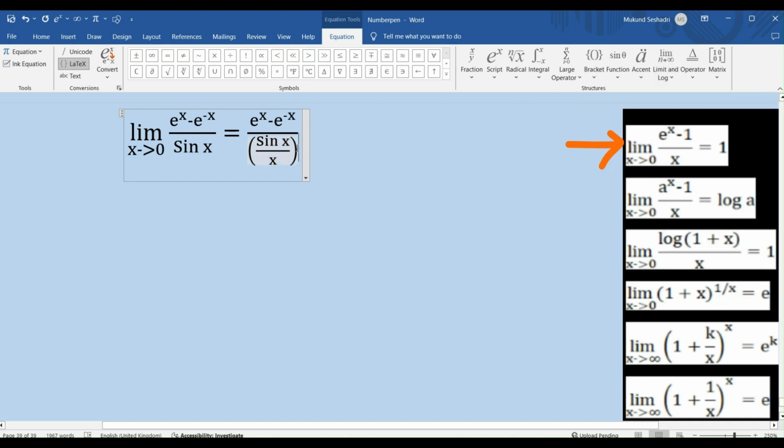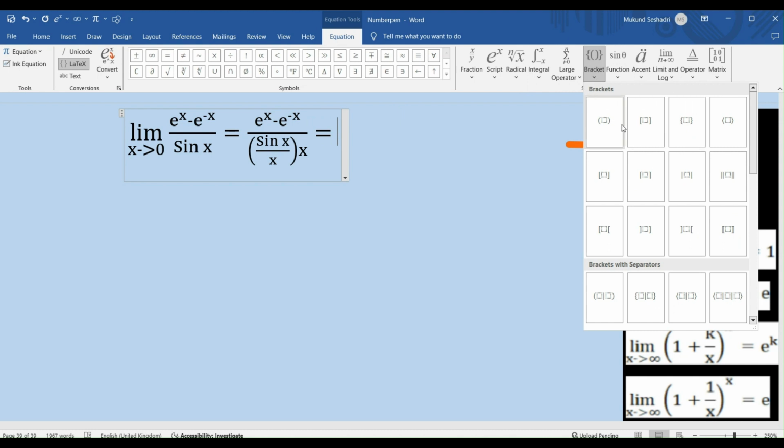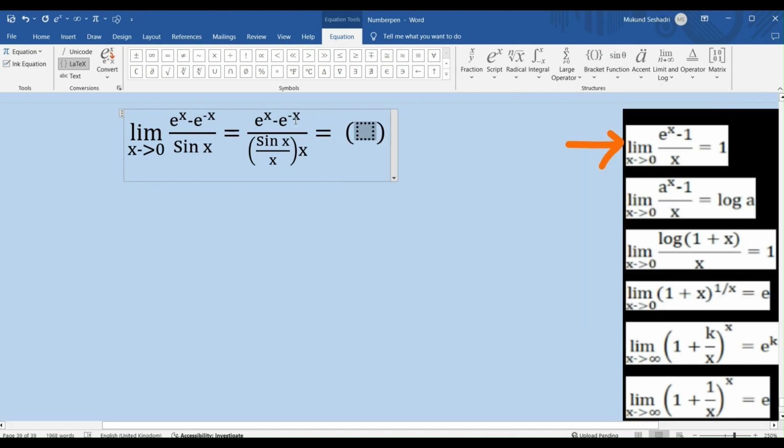So now I have two parts to this. Let's write this again as e to the power x, and I can move the x along with this, right? And then I have a whole divided by sine x by x.